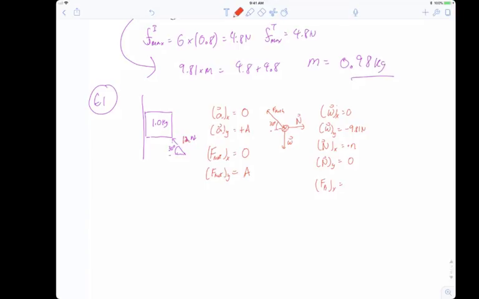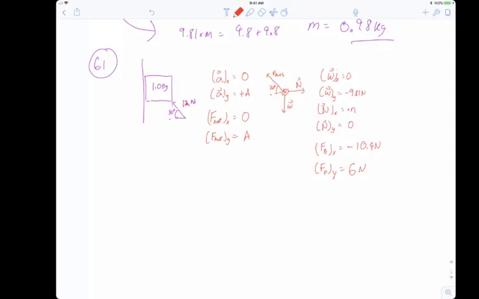So that's minus 10.4 newtons. And F push in the y direction is six newtons.